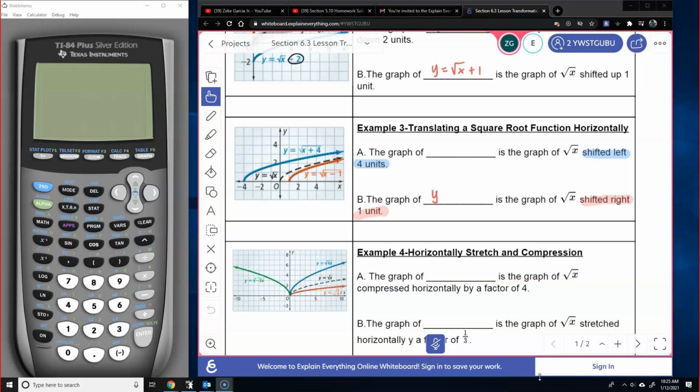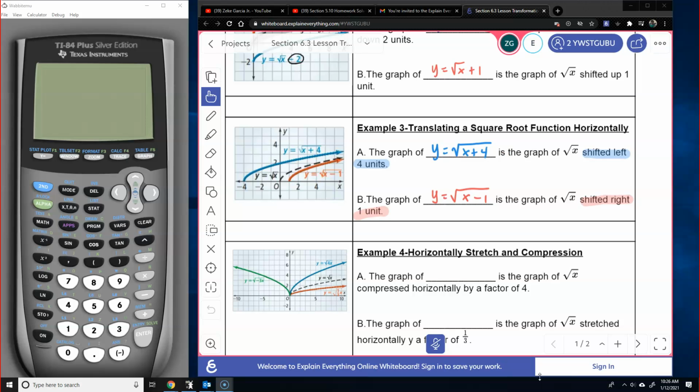So we have y equals the square root of x minus 1. And you notice that -1 is inside the radical. Okay, and then the blue one is the one that is shifted to the left. So you have y equals the square root of x plus 4.